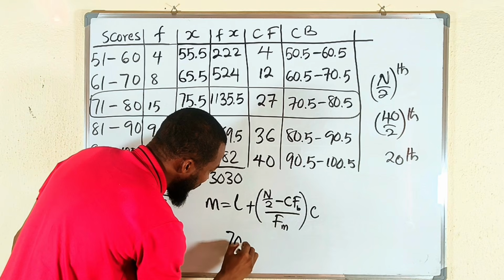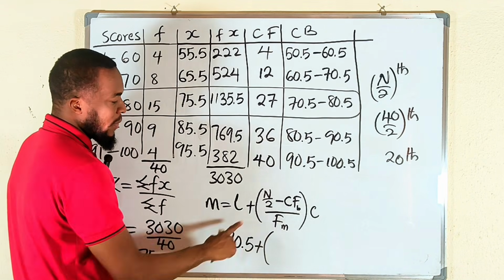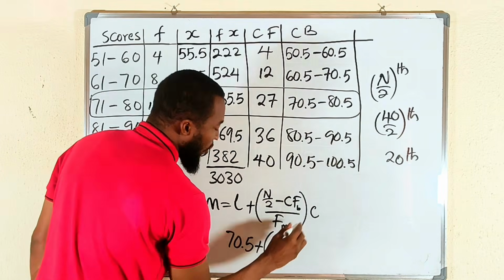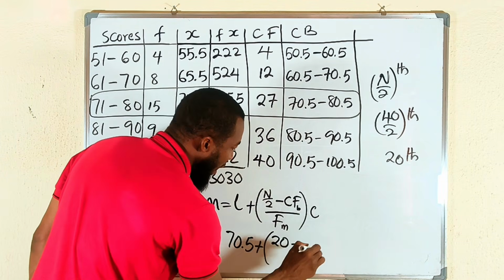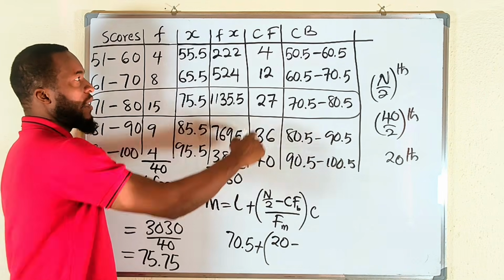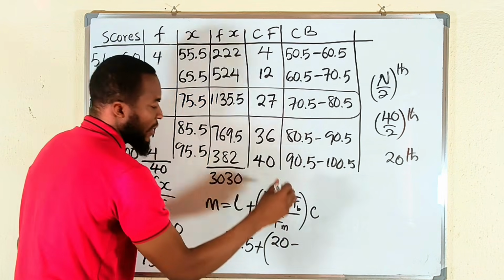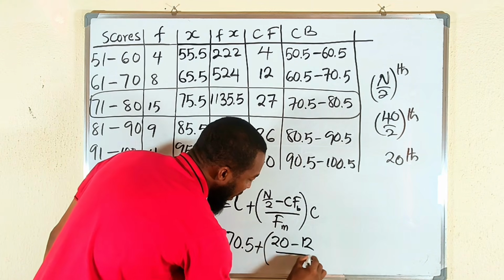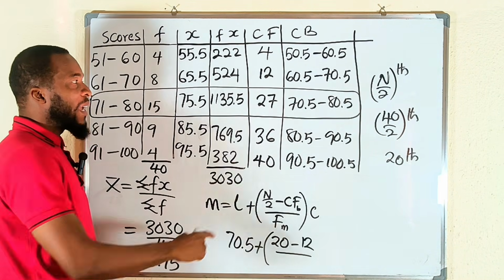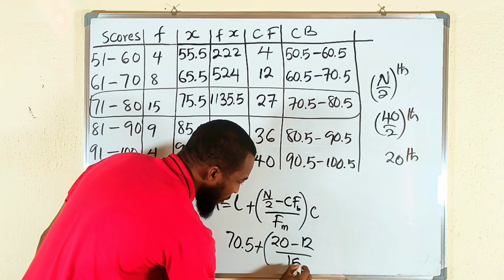So this is 70.5 plus n divided by 2, which is already 20, minus cumulative frequency before the median class. This is the cumulative frequency before the median class, it is 12. Divide by frequency of the median class. This is the frequency of the median class, which is 15.